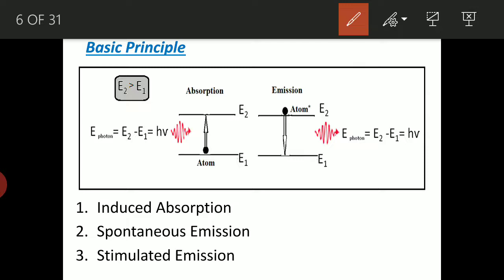Now to begin with, let us suppose that there is one atom in the ground state, which we can show here. So right now this is in the ground state. Now when a photon of suitable energy is incident on this atom, we know that E is equal to h nu.